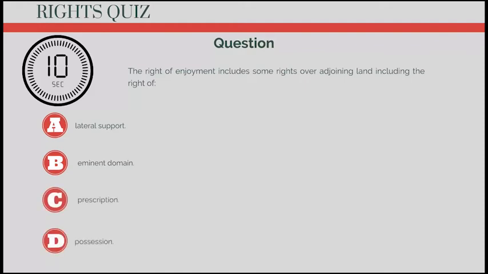The right of enjoyment includes some rights over adjoining land, including the right of A. Lateral support, B. Eminent domain, C. Prescription, or D. Possession. The answer is A. Lateral support.